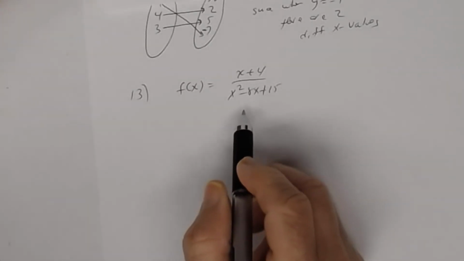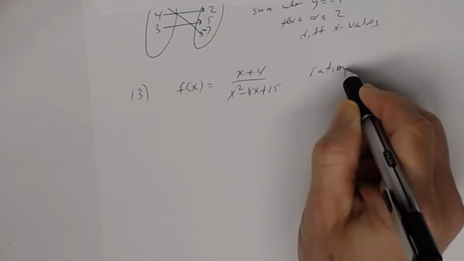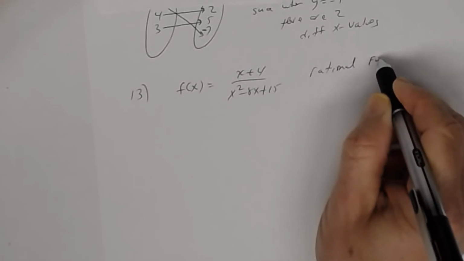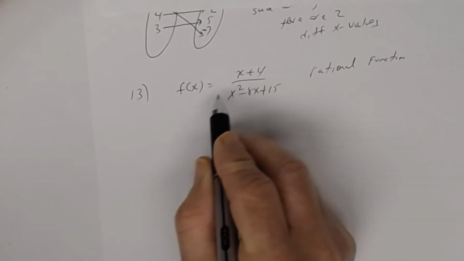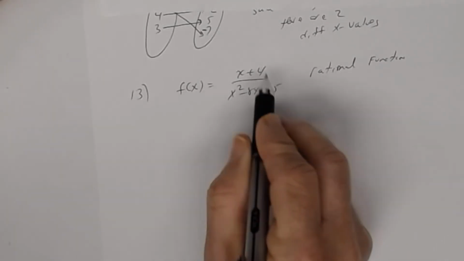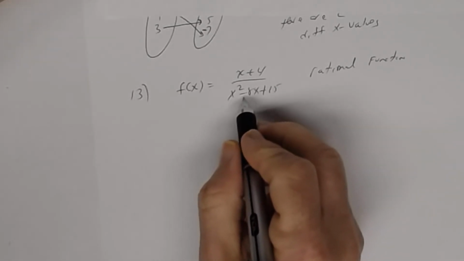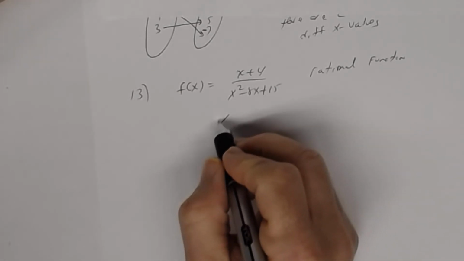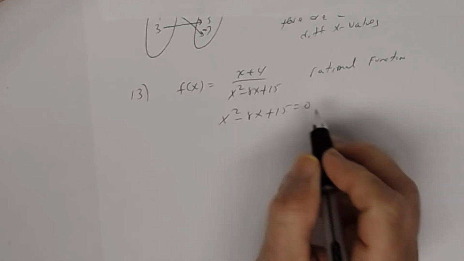If you're going to find the domain of a rational function, notice this is a rational function, you need to determine, first of all, what makes the denominator 0? What makes this rational expression undefined? So let's go ahead and set this equal to 0. So we get x squared minus 8x plus 15 equals 0.